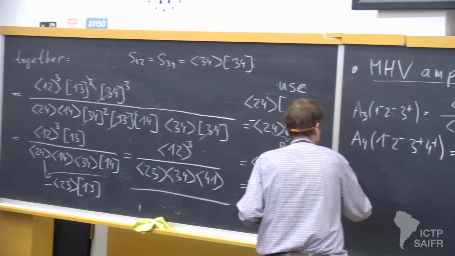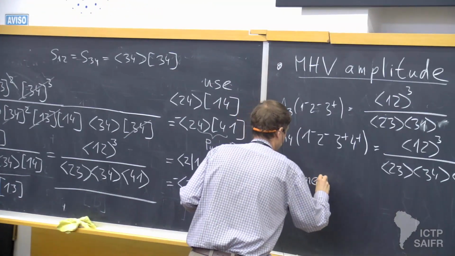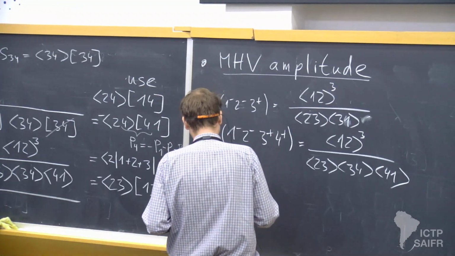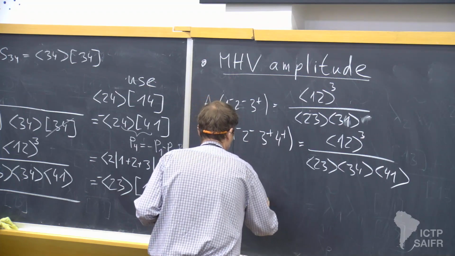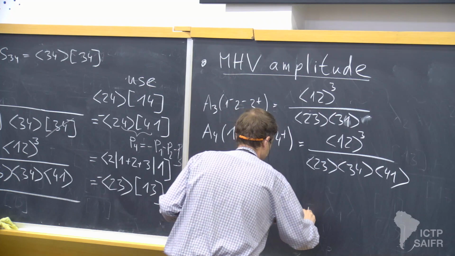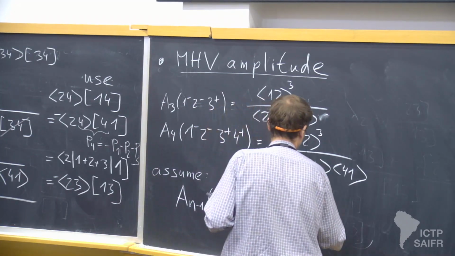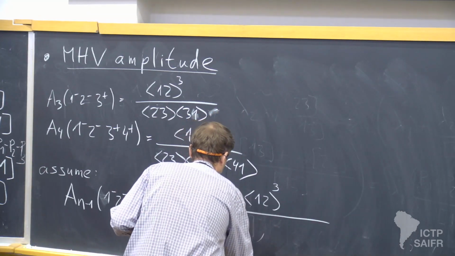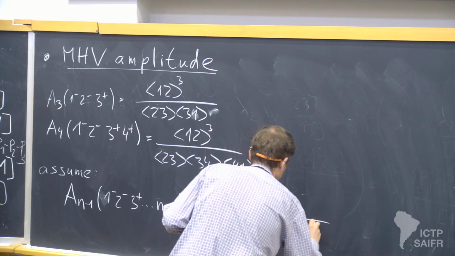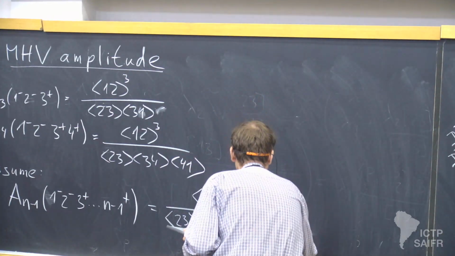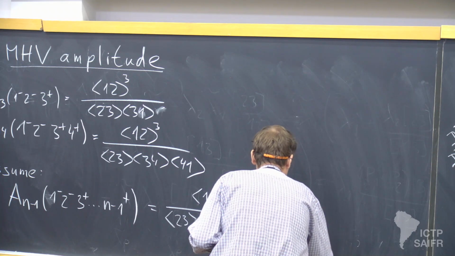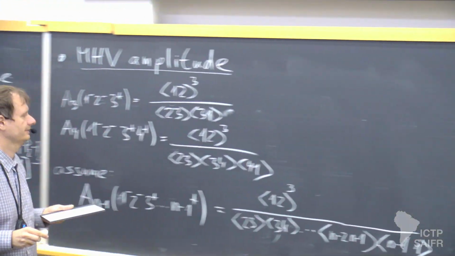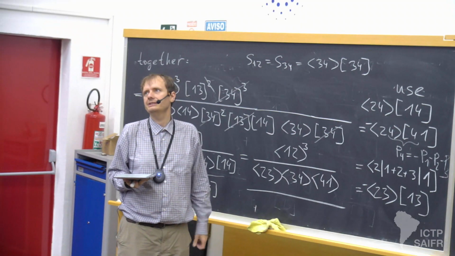So we now assume that the n minus 1 point amplitude, with 1 minus, 2 minus, and the rest pluses, has the following form, and then we will show that the same thing then applies to n-point. Okay, is it clear what we want to do?